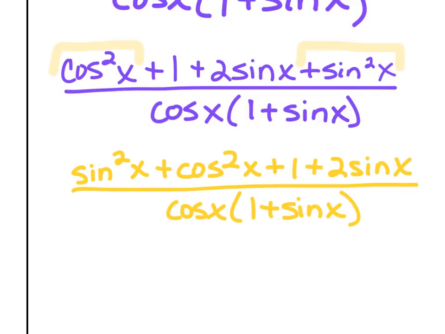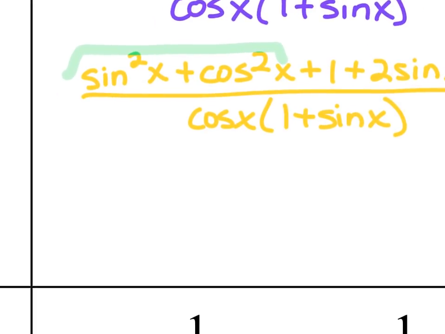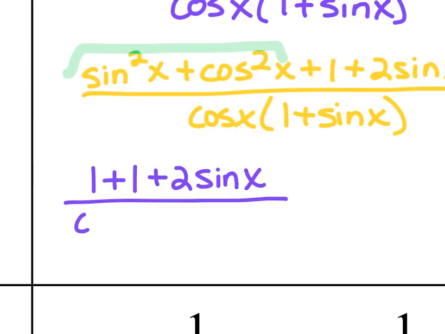But really what you have here then is sine squared plus cosine squared. And that entire thing, sine squared plus cosine squared, is equal to 1. So now I've got 1 plus 1 plus 2 sine of x all over cosine of x times 1 plus sine of x.